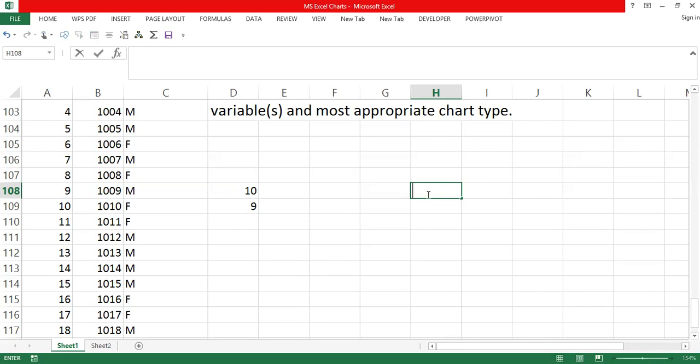For example, suppose I have something like score and frequency, and I say 0 to 10, 10 to 20, 20 to 30.